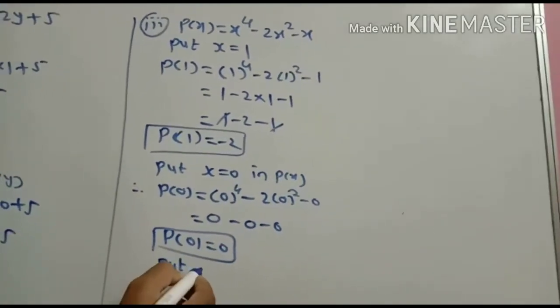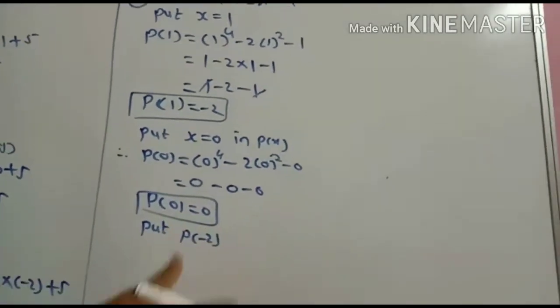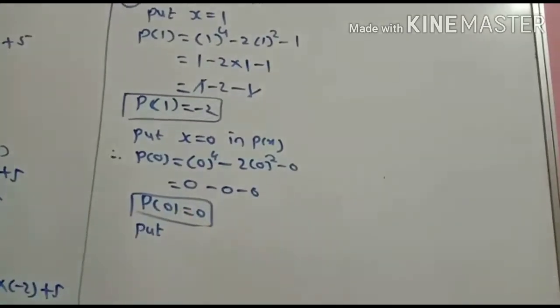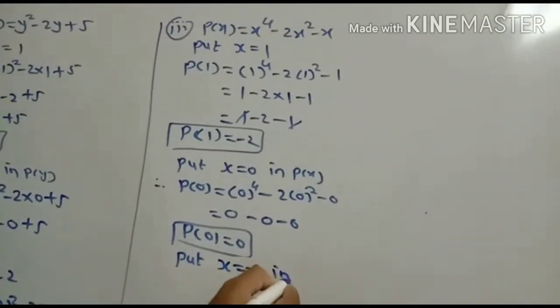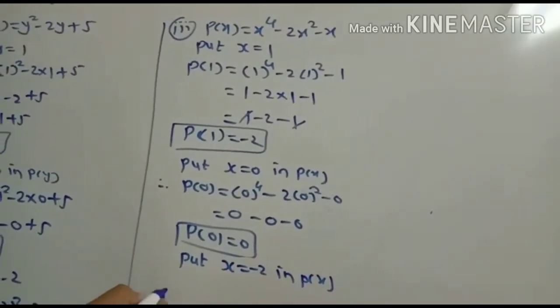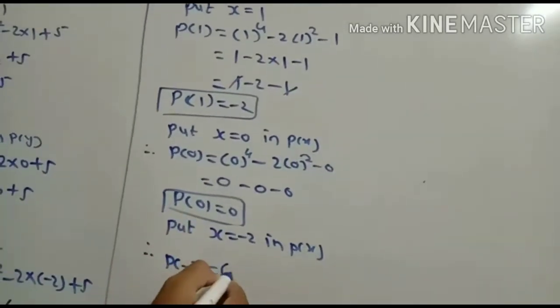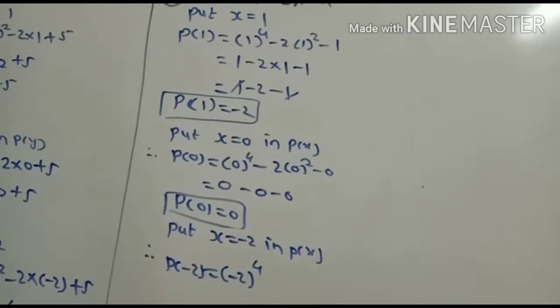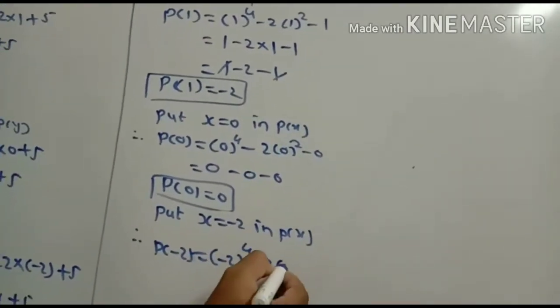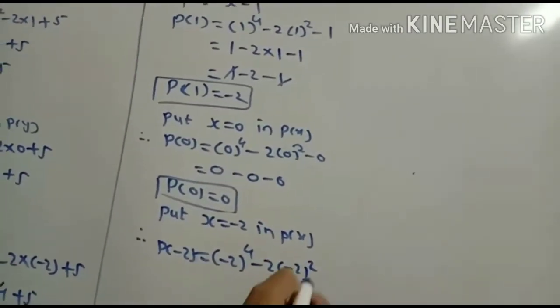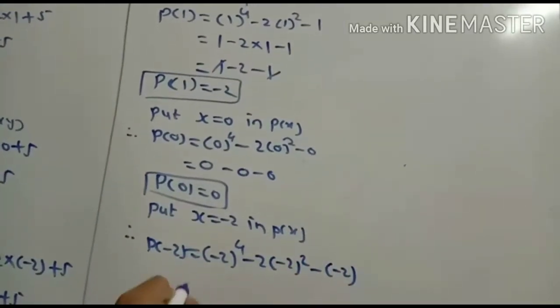Then to find the value of P of minus 2, put x is equal to minus 2 in P of x. Then we get P of minus 2 is equal to x raised to 4, that is minus 2 raised to 4, minus 2x square means minus 2 square, minus minus 2.